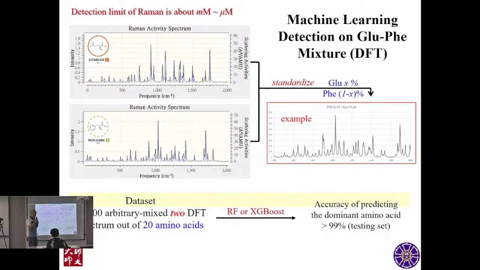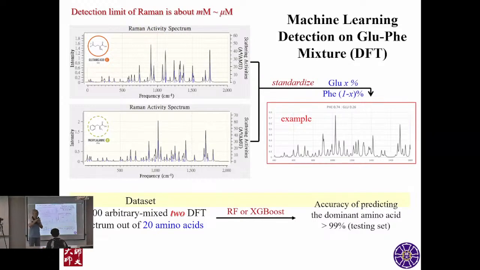And then we train a random forest, because we learned from the previous test that random forest is very powerful, so we want to stick with it. We randomly take combinations of these two spectra to generate a training set of mixed DFT spectra of a binary mixture of phenylalanine and glutamic acid.